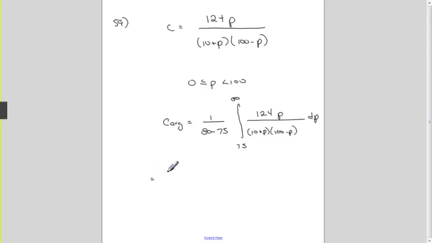So let's just go ahead and simplify it first. 124 divided by 5, we get 5 from 80 minus 75, and we factor out the 124, just so we have one less number to deal with. And so we end up with p divided by 10 plus p and 100 minus p dp.